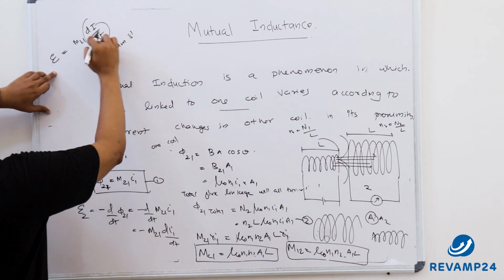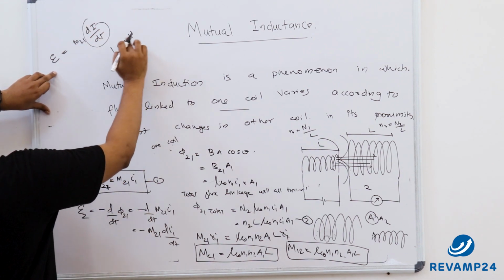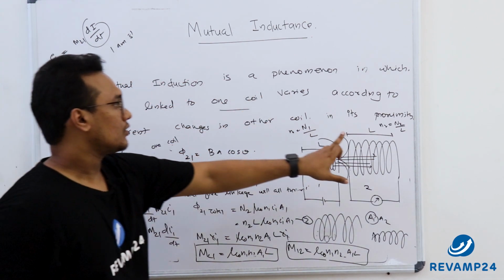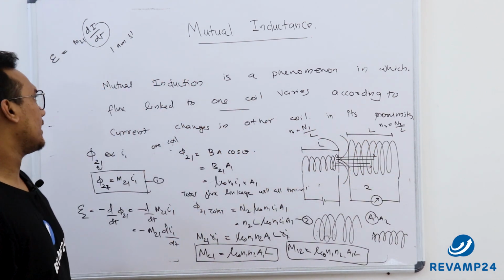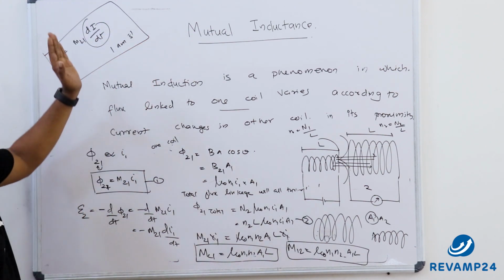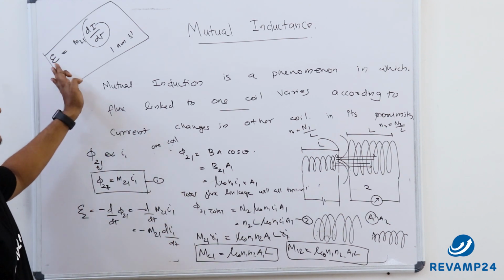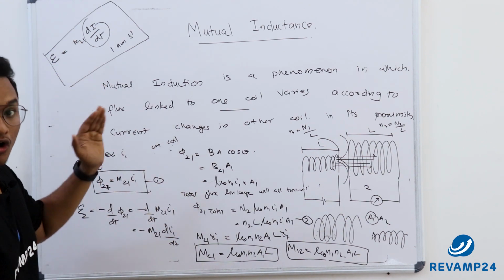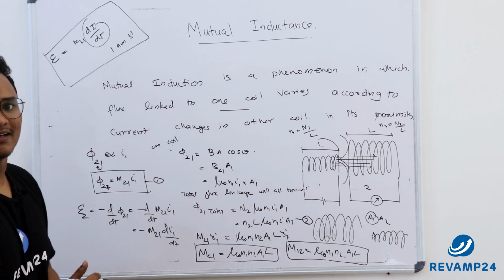See, as per this, dI by dt will be 1 ampere per second. When this is 1, EMF is equal to the mutual inductance of 2 due to 1. Okay, so this is very important. You can define M21 in this way also. When dI by dt is equal to 1, the induced EMF measured is equal to the mutual induction. Okay, coefficient of mutual induction. Okay, thank you.